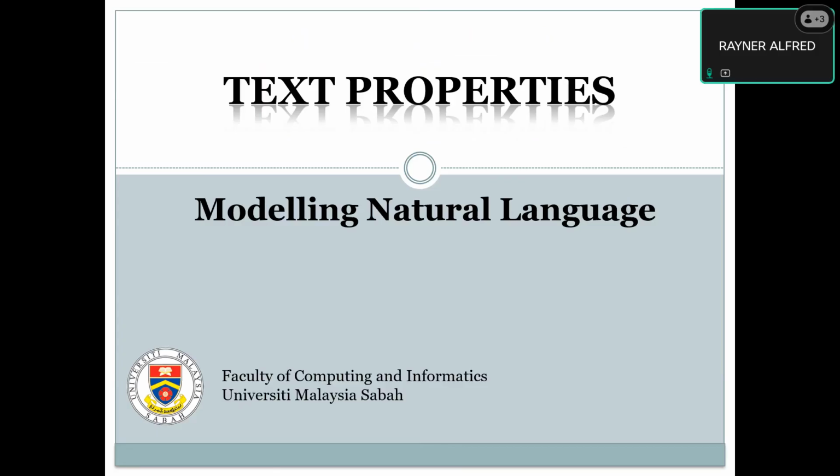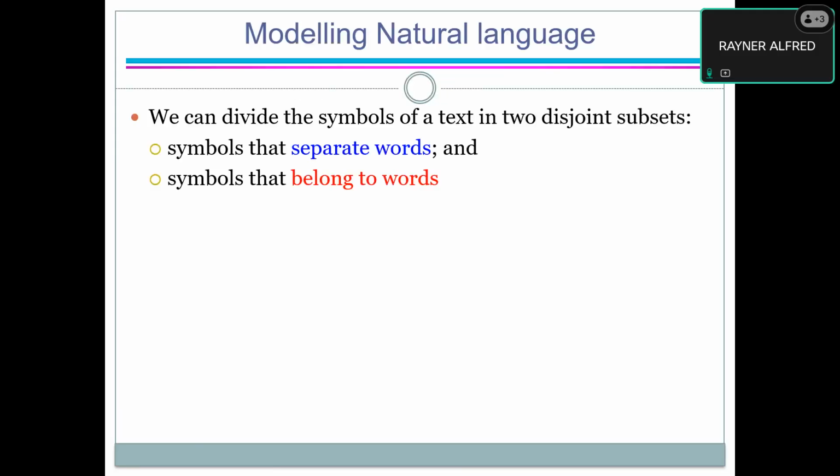So that is, we talk about the information carried by the text itself. For text properties, for modeling natural language, we normally have to go through a certain process. When we provide the document, the system should be able to tokenize or separate the terms or words in the document.